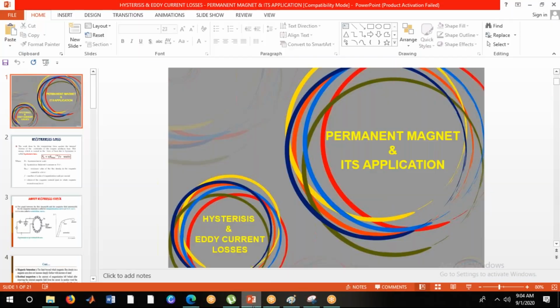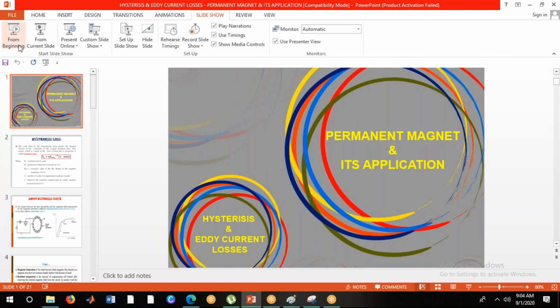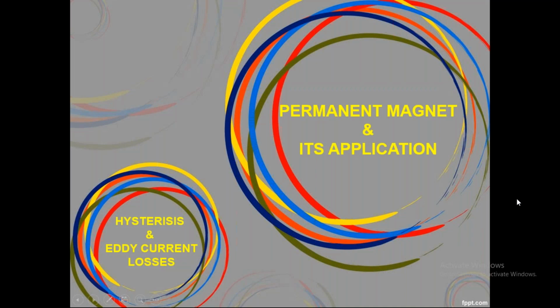So now let's move on to the topic. The two topics we are going to discuss in today's class are hysteresis losses and eddy current losses, and permanent magnets and their applications.